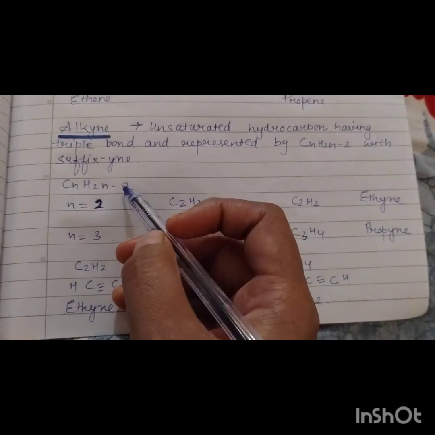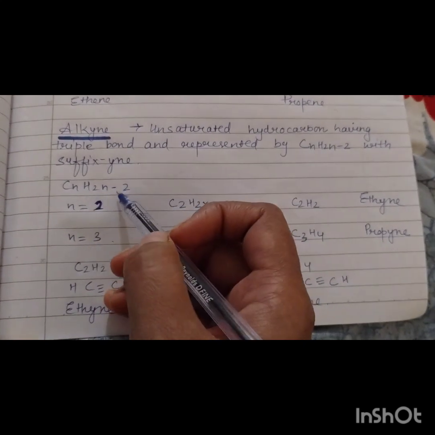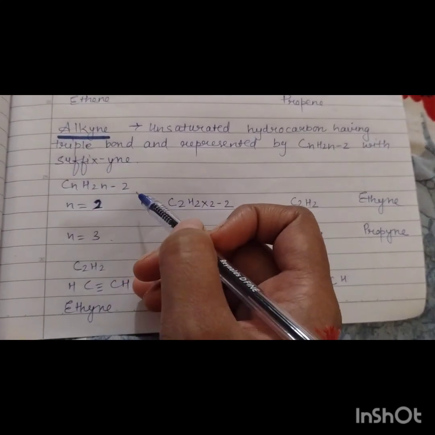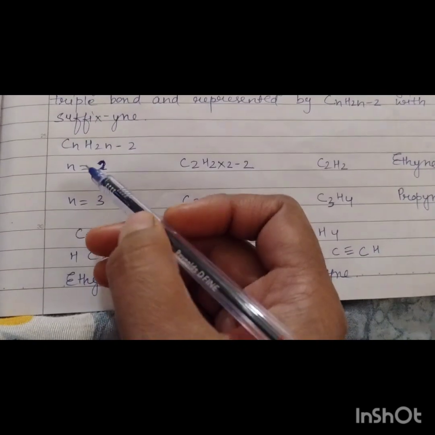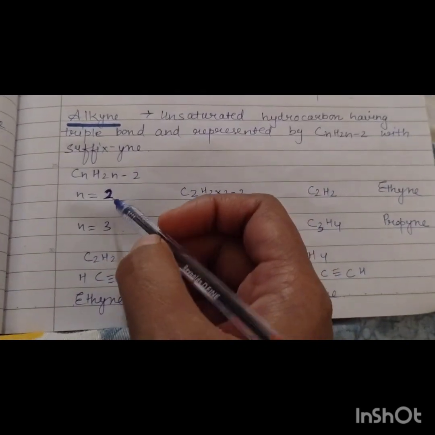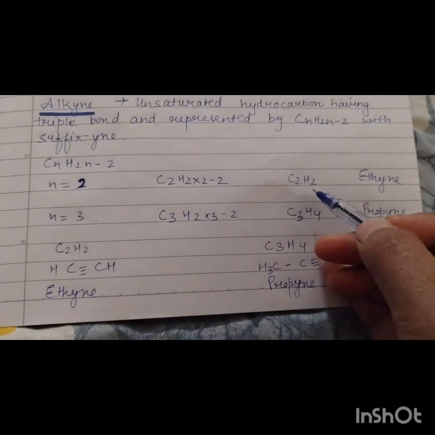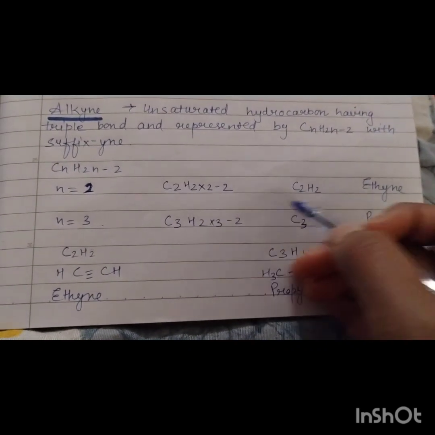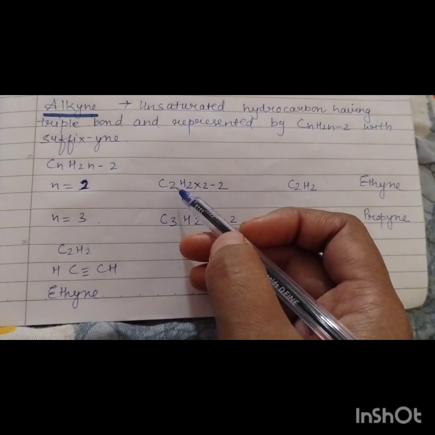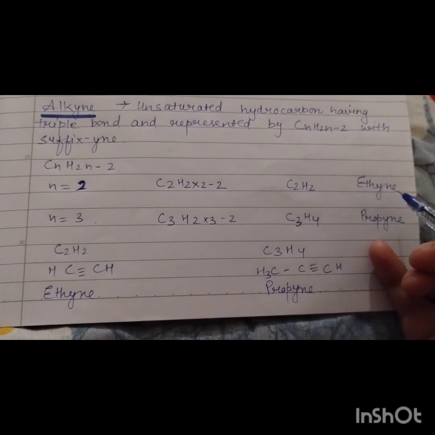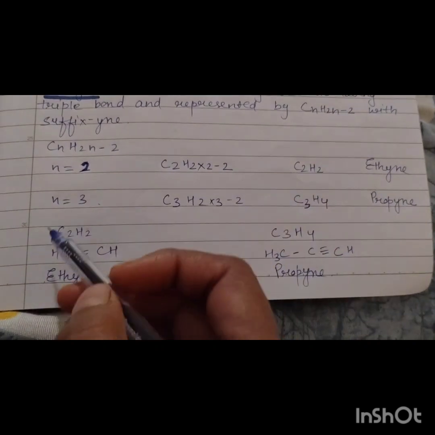In alkane there is plus 2 and in alkyne there is minus 2, the opposite. So we took n equal to 2, then the compound becomes C2H2, and here 2 carbons are there, meth, eth, and the suffix is -yne, ethyne.